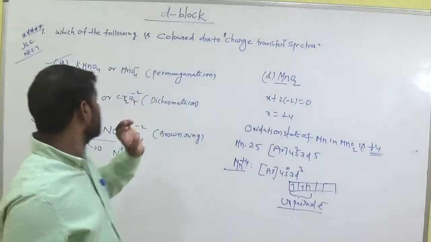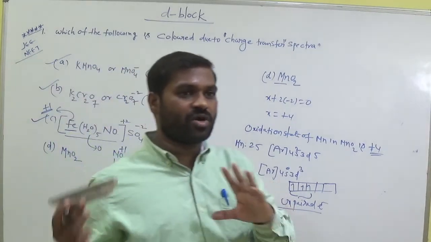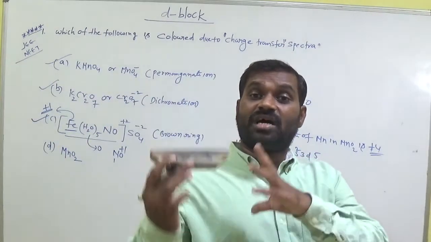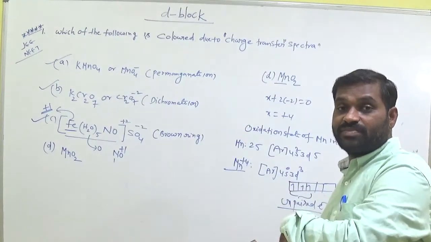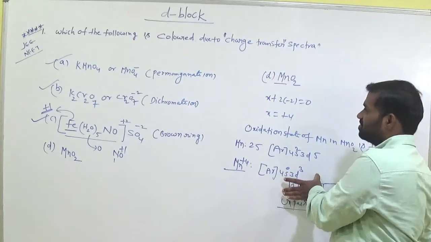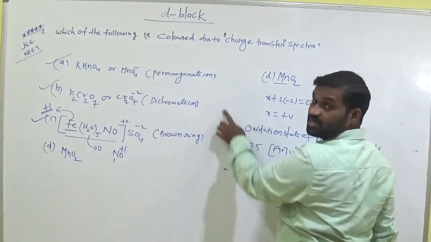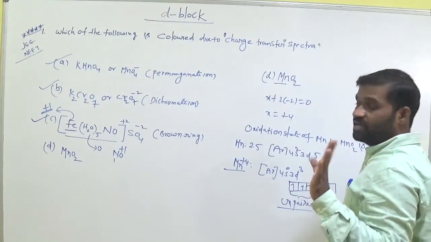Now which one is the answer? So the first, second and third: these compounds exhibit color due to charge transfer, except MnO2. So how does MnO2 exhibit color? Due to unpaired electrons. But in the others, unpaired electrons are not possible in the d orbital. Okay, that is the reason. Keep it in your mind. Very, very important concept.